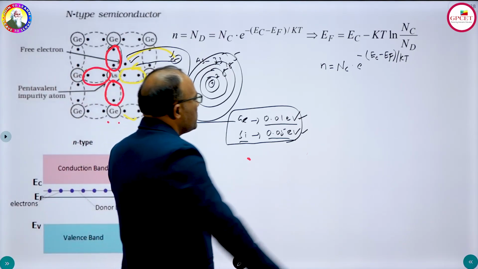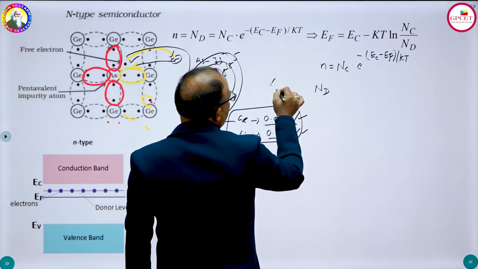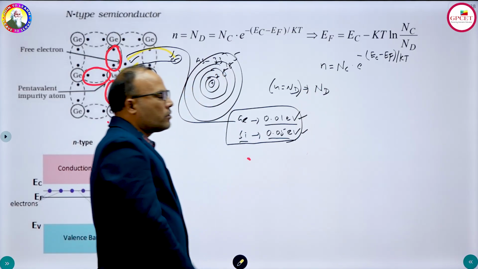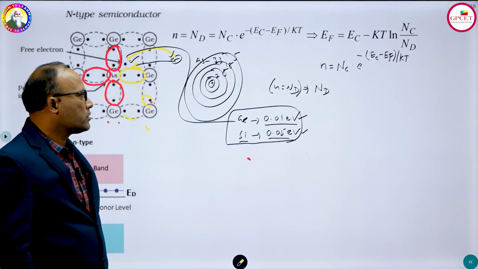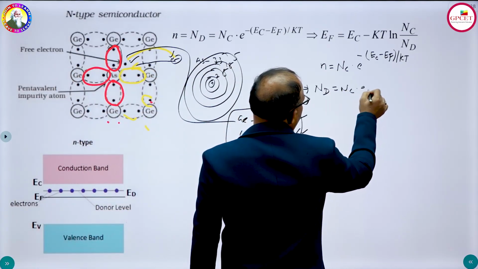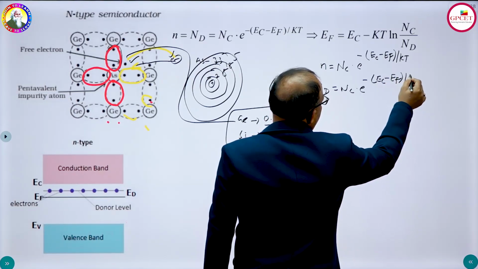Now, the concentration of electrons is also called the donor concentration. I can write this as n is equal to Nd, because they are called donors. Electrons present in n-type impurities are called donors. So, n is replaced by Nd, Nc, e power minus (Ec minus Ef) divided by Kt.